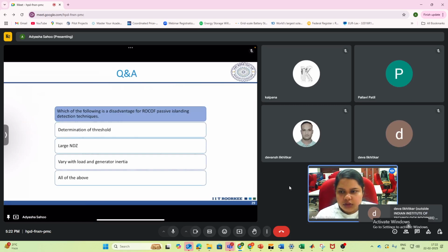Then next is which of the following is a disadvantage for a passive islanding detection technique? We have seen many times, right?